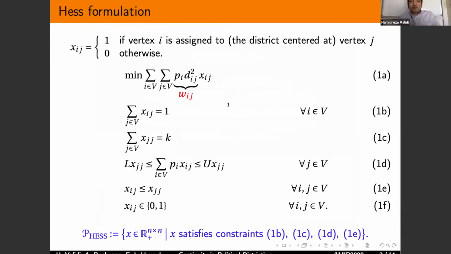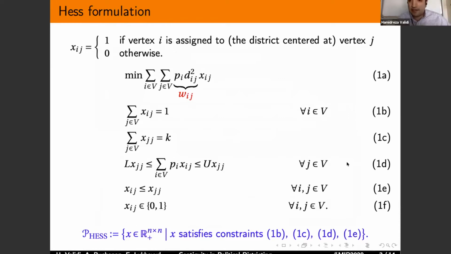So now I'm going to talk more about the Hess formulation. You can see that it's very similar to the capacitated facility location problem, when we have these kinds of constraints, and then we have x_ij, and x_ij is 1 if vertex i is assigned to a vertex j, which represents the center of a district.